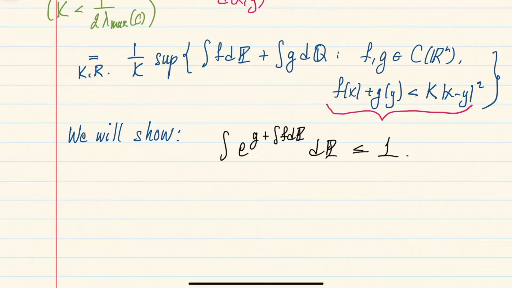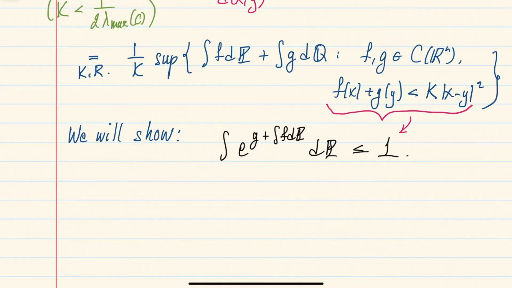Okay, so this will be a consequence of this condition on f and g, that their sum f of x plus g of y is bounded by this constant k times the distance squared. Okay, but before we show this, let's conclude using the variational representation for the Kullback-Leibler divergence.